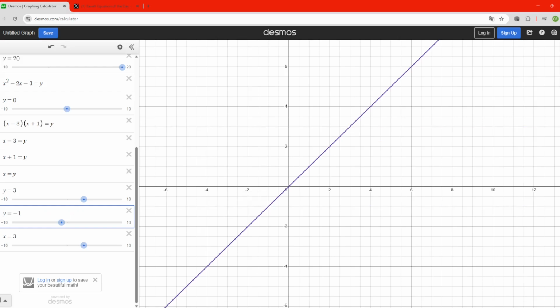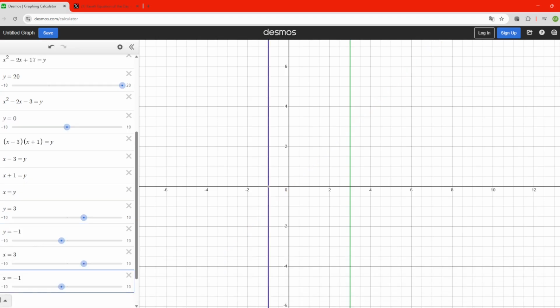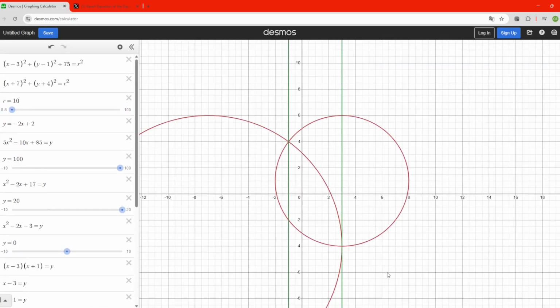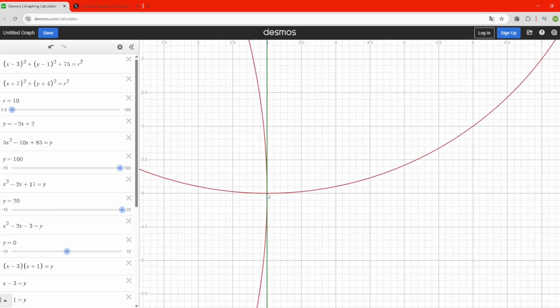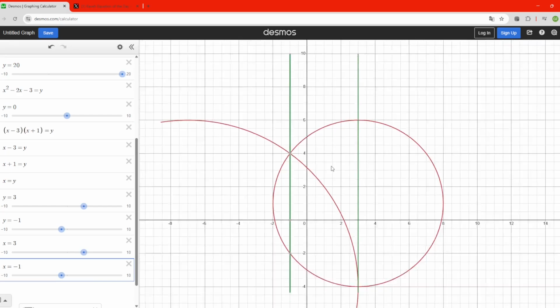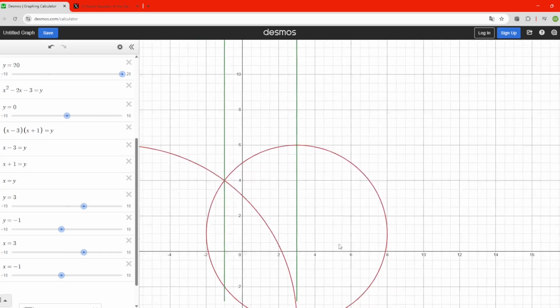Now, one last thing. If I plot x equals 3 and x equals -1, and let's do this in green as well, and I take my two circles, we'll see that they always intersect, like they always touch at the intersection, but they also intersect circles in other places.